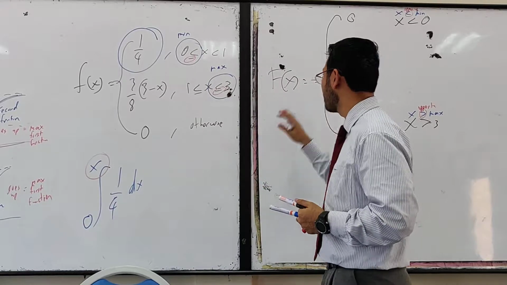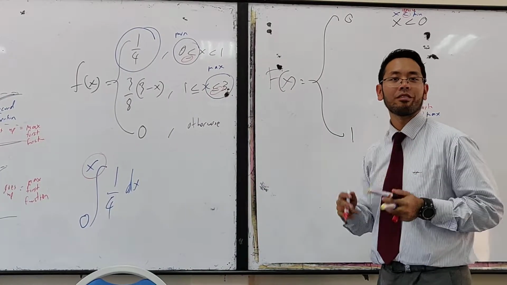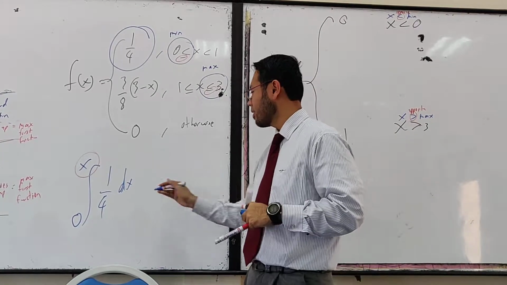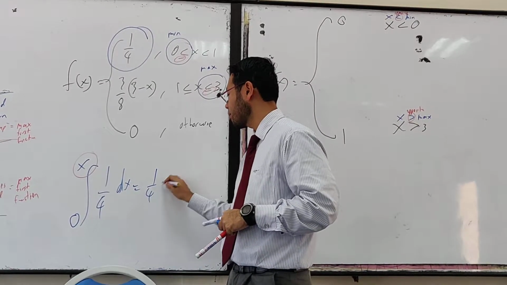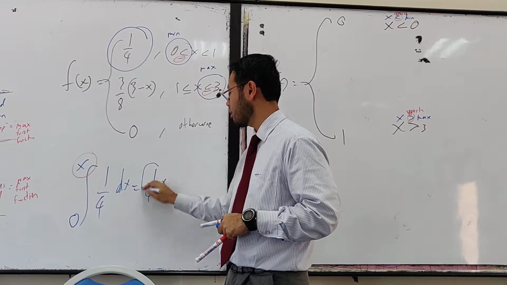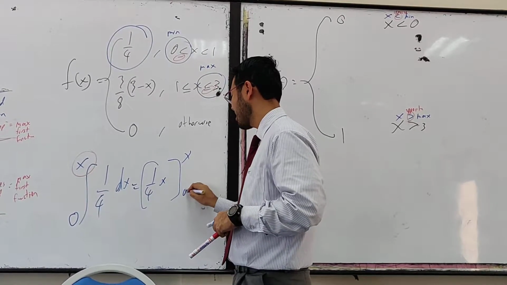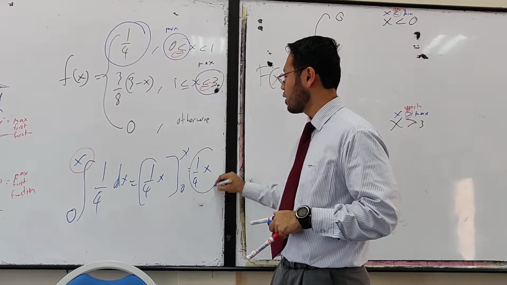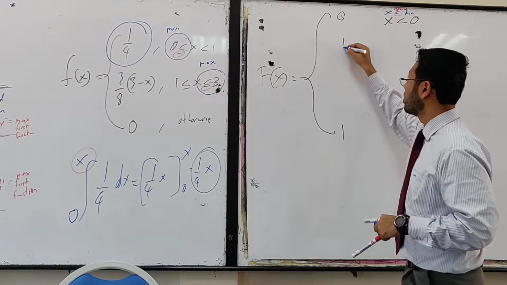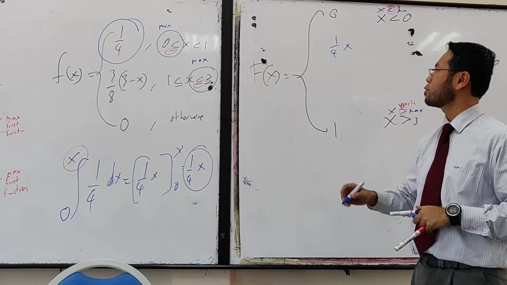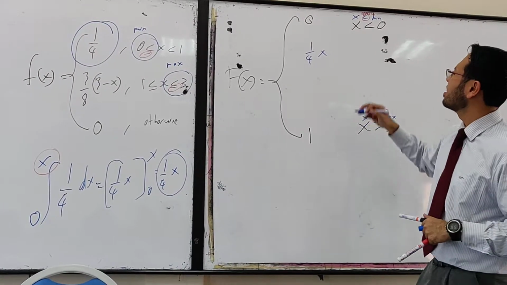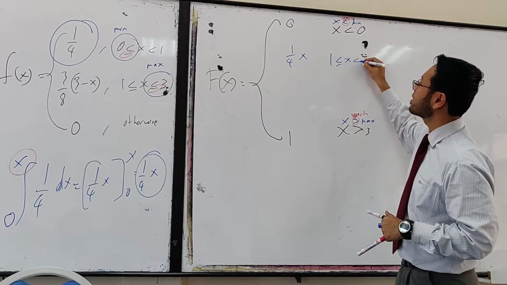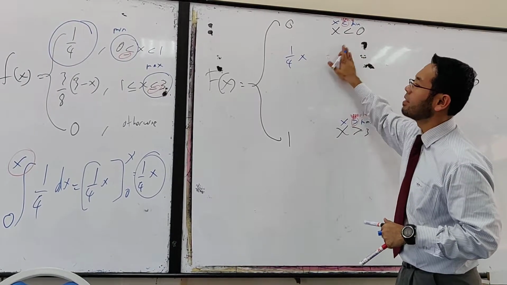You want to find the function. You don't want to find the value yet. So integrating this as usual from your integration days, you get yourself 1 over 4x. So here 1 over 4x. Sorry, I read the wrong one.